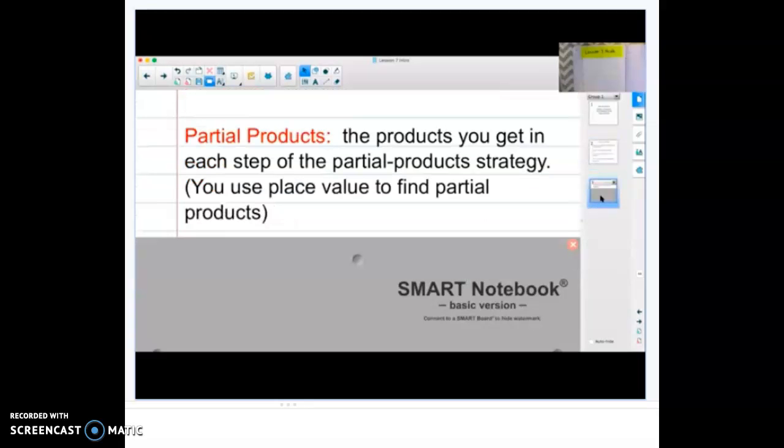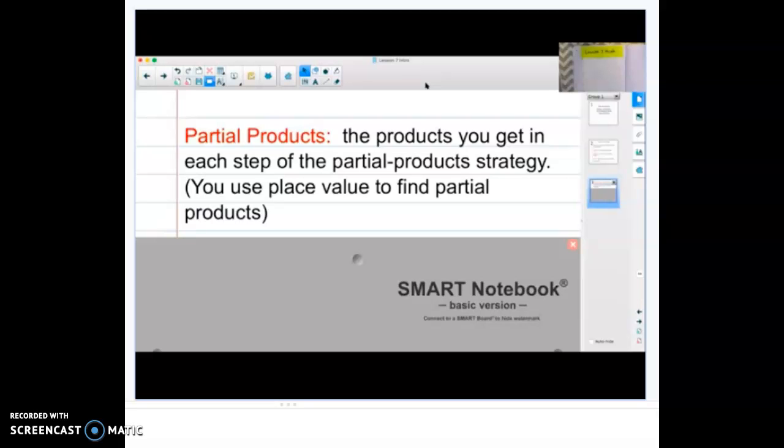Our next vocab term is going to seem completely new, and you probably have not seen this before. And it's okay. Right now, we're just going to get the definition down. It is partial products. The products you get in each step of the partial product strategy.